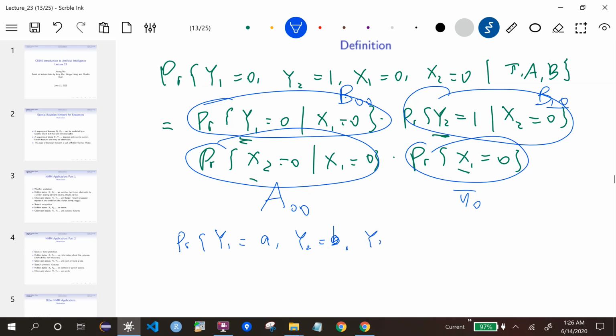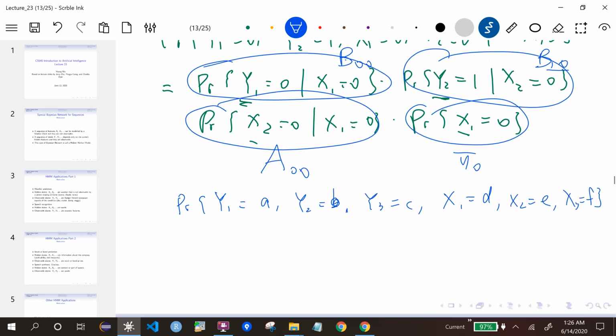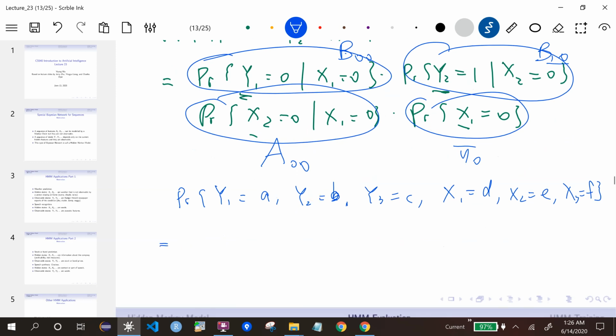Suppose I observe the data for 3 days. X1 is D, X2 is E, X3 is F. So how do we write these things in general? If you can figure out this formula, then I guess you will completely understand what the initial formula means.